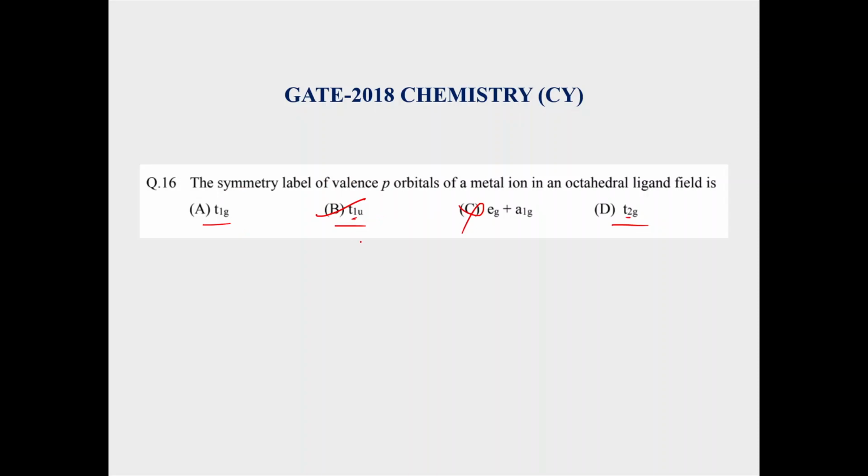And this g and u come from the center of symmetry. So for this question, the symmetry label for valence p orbitals of a metal ion in an octahedral ligand field will be T1u. So is it clear? Yes, ma'am. Yeah, it's clear for everyone. Okay.